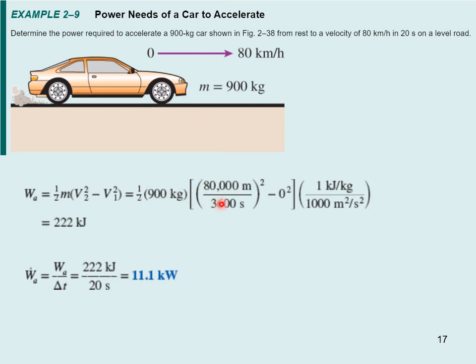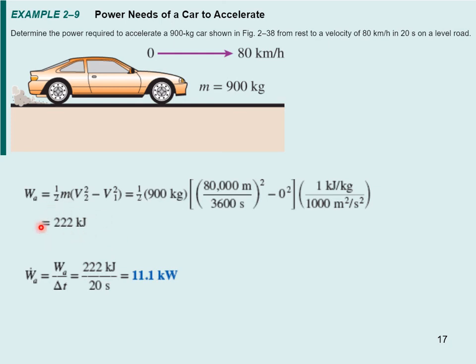This is your V2, but he's written it as 80,000 meters, so that's the 80 kilometers divided by an hour, which is 3,600 seconds. So here he's doing the conversion. When you square this out, you multiply this out. He wants to come out in kilojoules, so he puts this conversion factor on the end here. 1 kilojoule per kilogram is 1,000 meters squared per second squared. And again, you could do this conversion on a separate line if you wanted to as well.